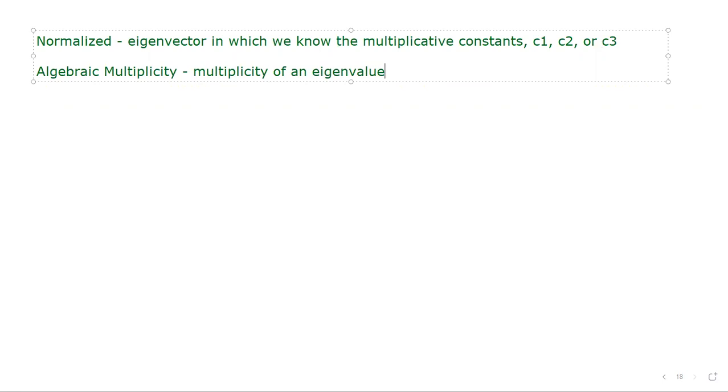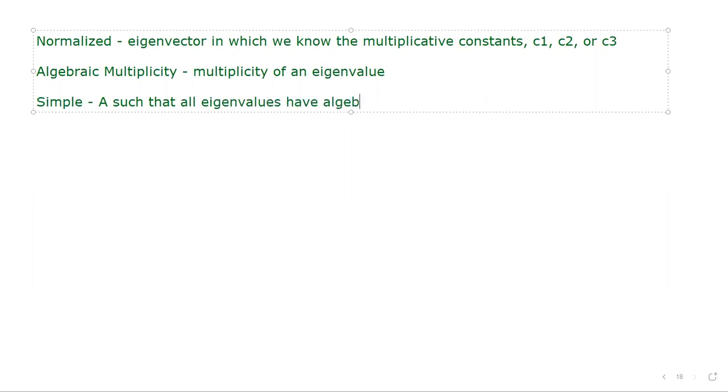And if we say it's simple, then it's some matrix A such that all eigenvalues have algebraic multiplicity of 1. So a simple matrix, every eigenvalue has the algebraic multiplicity of 1. So no repeats.